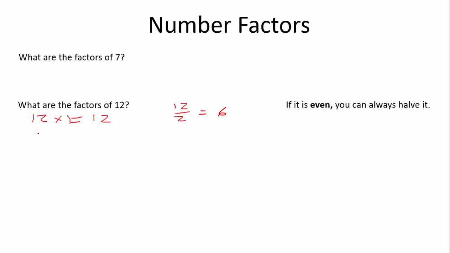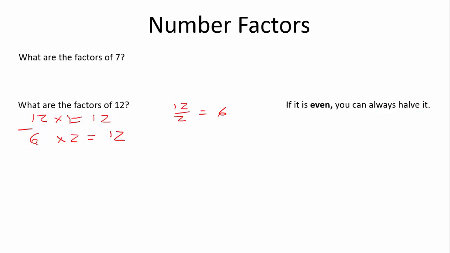So we can say 6 times 2 is equal to 12. Brilliant. There can never be a factor of a number that is between half and the number. So 7, 8, 9, 10, 11 can never be a factor of 12.